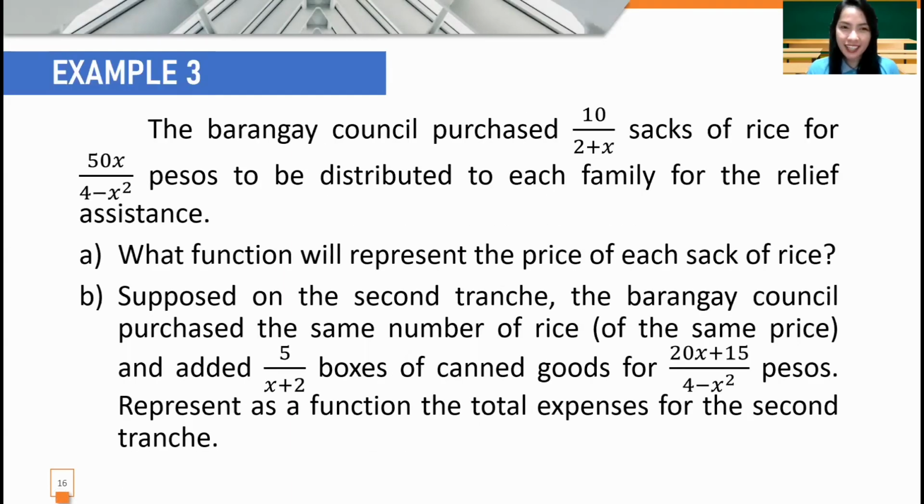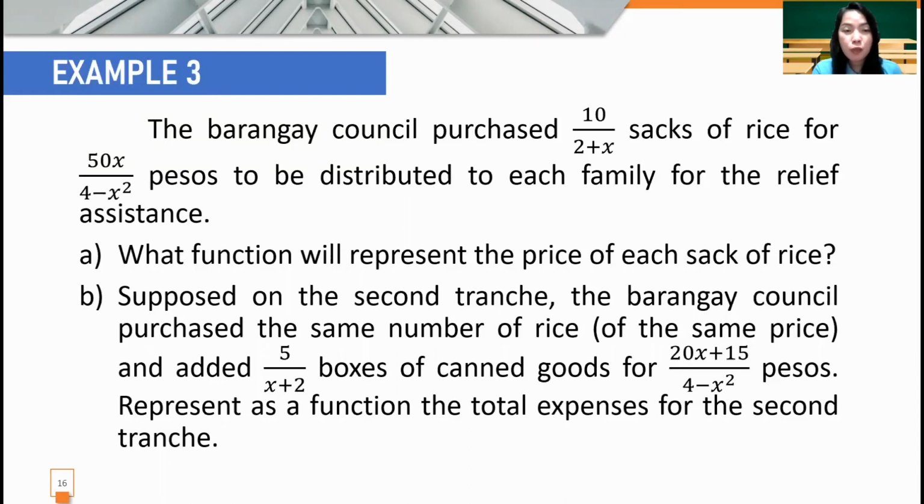Example number 3. The barangay council purchased 10 all over 2 plus x sacks of rice for 50x all over 4 minus x squared pesos to be distributed to each family for the relief assistance. We are going to answer this. Letter A, what function will represent the price of each sack of rice?